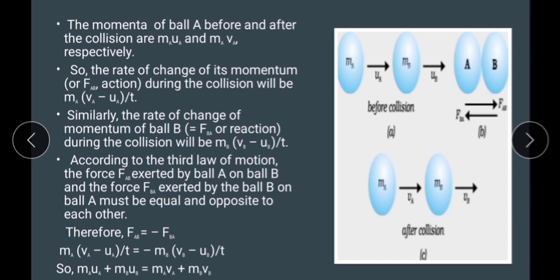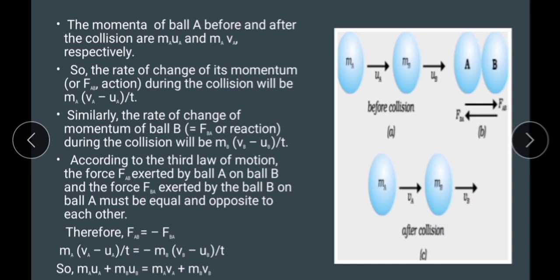After they collide, ball A exerts a force FAB on ball B, and similarly, ball B exerts a force FBA on ball A. After the collision, the first body with mass mA moves with velocity vA, and the second body, with mass mB, moves with velocity vB.